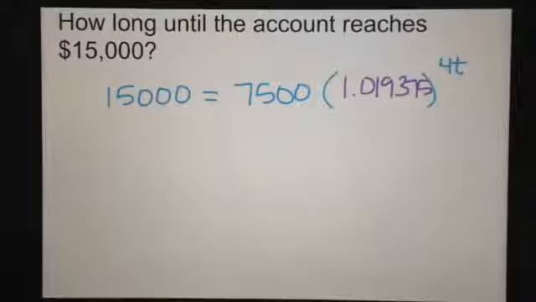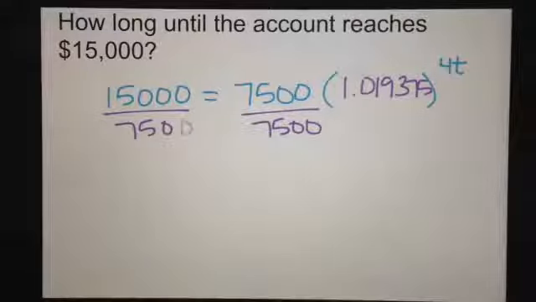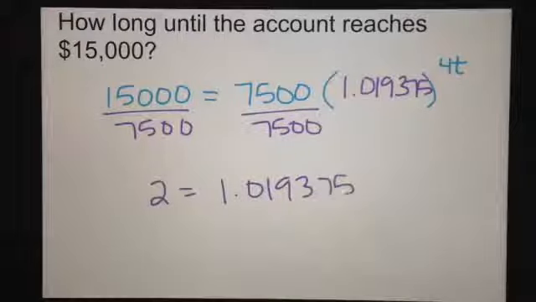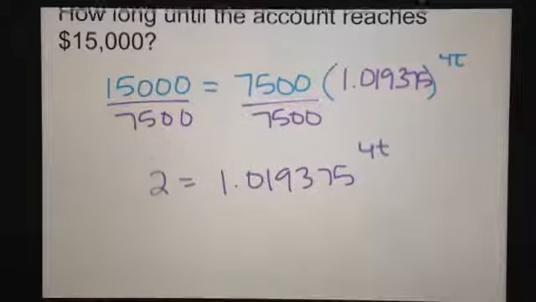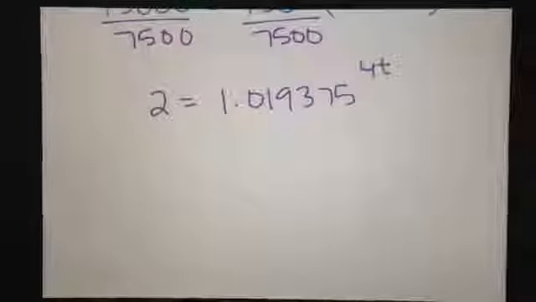I don't know what the time is, but remember the 4 is from the quarterly. And my goal is to solve for that value for t, so I want to start moving things away from t. So I'm going to divide by 7,500, and I end up getting 2 equals 1.019375 to the 4t. And hopefully now you're recognizing that if we rewrite this as a log, then we can solve this problem.